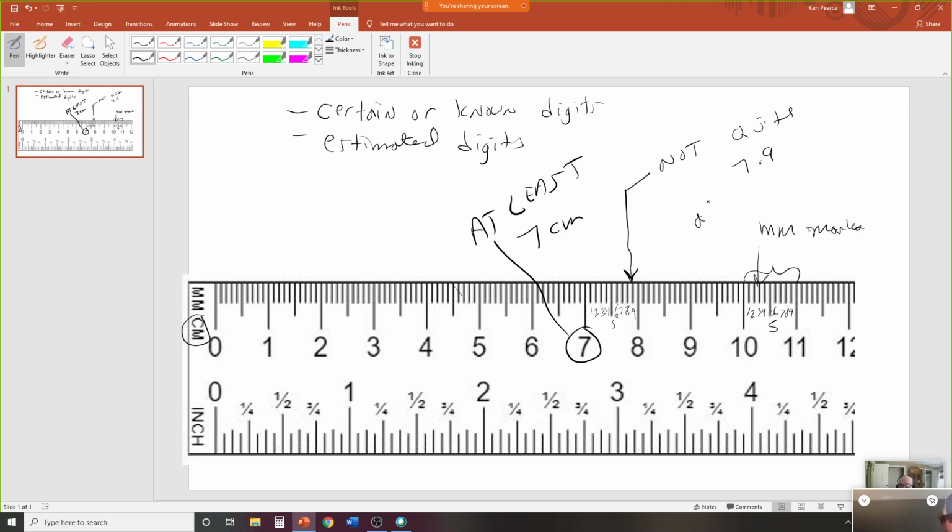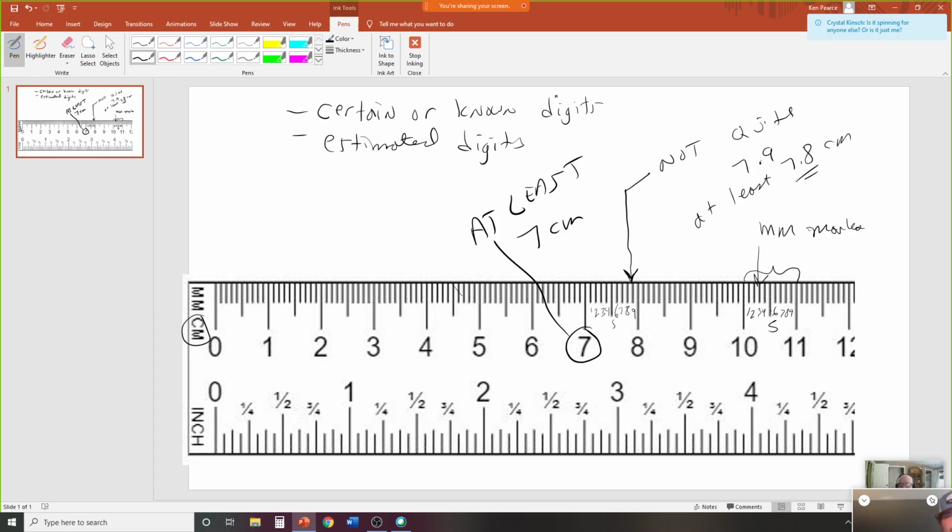It's at least 7.8. Everybody in this room should be able to look at that scale and say, sure, I can count. We start with the 5, and I go 5, 6, 7, 8. It's between the 8 and the 9, but it's at least 7.8 centimeters.